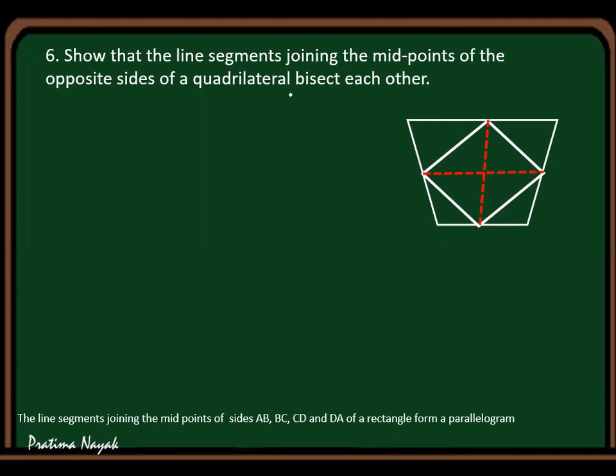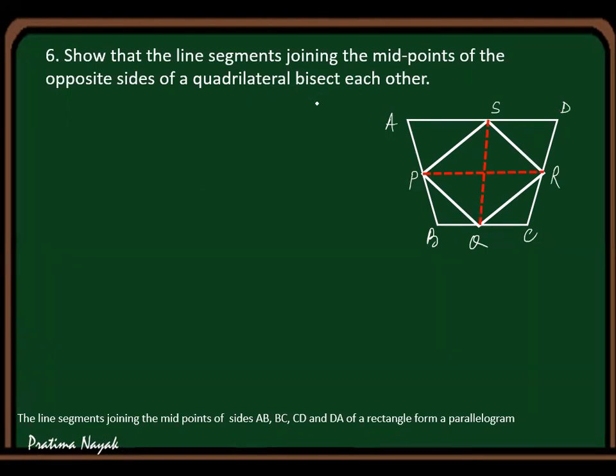Okay. So ABCD is a quadrilateral, and P, Q, R, S are the midpoints. Their names are not given, we are naming them ourselves.